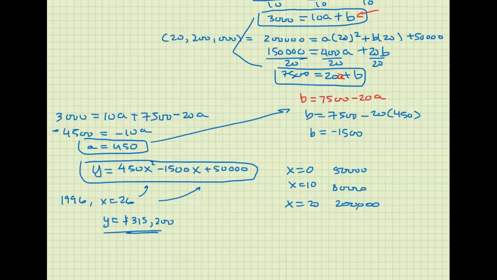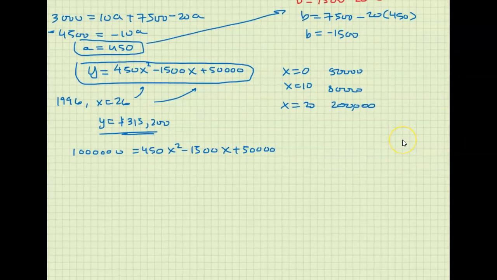Alright, now the other question is, when is the house going to be a million? So plug in a million for y. 450x squared minus 1,500x plus 50,000. So this is a quadratic equation that we need to solve. Subtract the million from both sides.